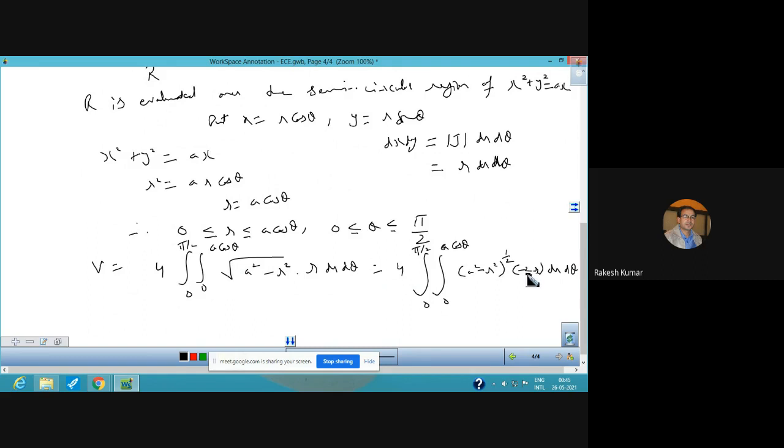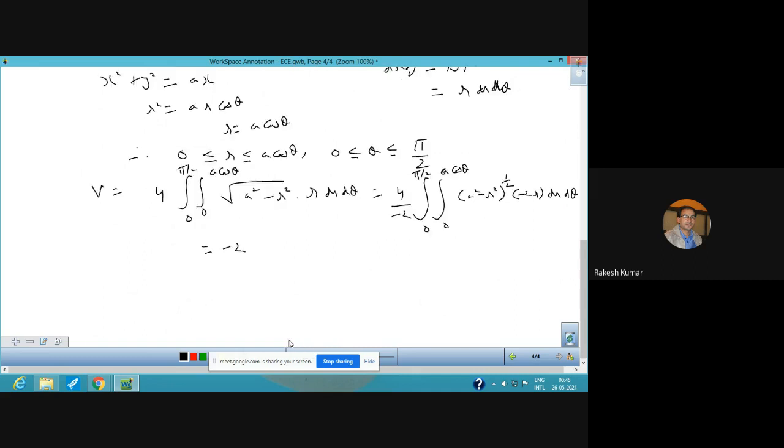So minus 2 multiplied here, we will divide by minus 2 also. So minus 2, you can integrate now with respect to r. So that is a square minus r square raised to power 3 by 2 upon 3 by 2 within the limits 0 to a cos theta d theta. So that comes out to be minus 4 by 3, 0 to pi by 2.